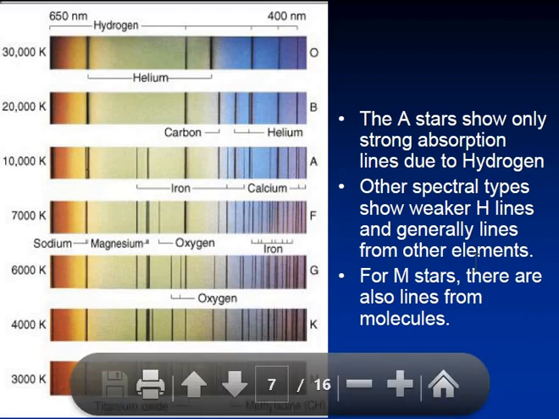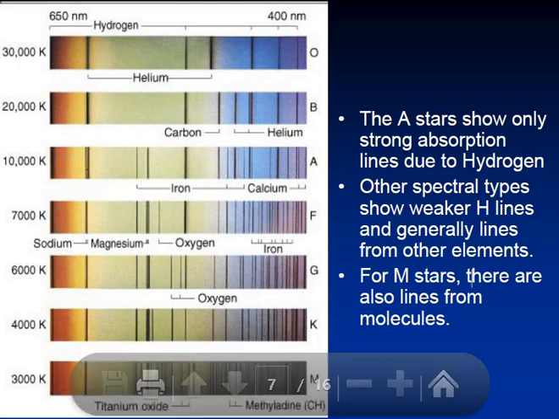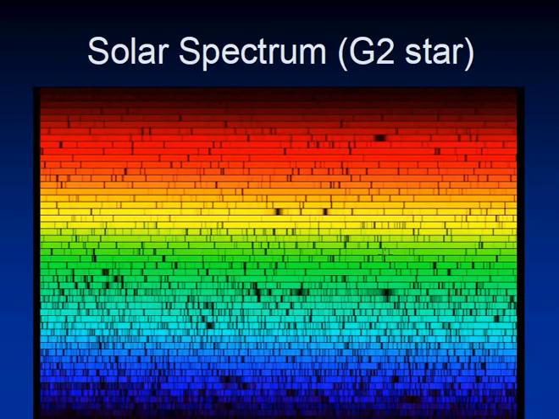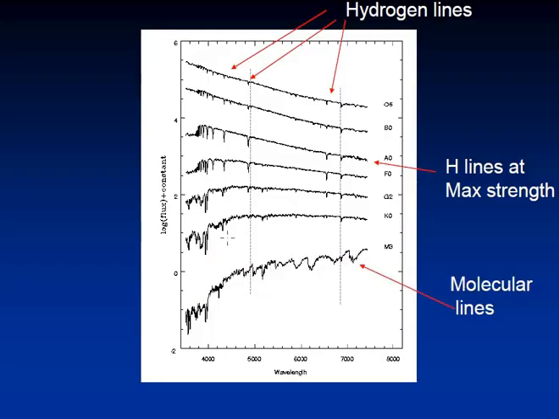Here, M stars. Now what about the solar spectrum? This is our sun, solar spectrum. Now I have already shown you this. Now some more spectrum as well. See here. Here I have shown you O, B, A, F, G, K, M. Different types of stars.